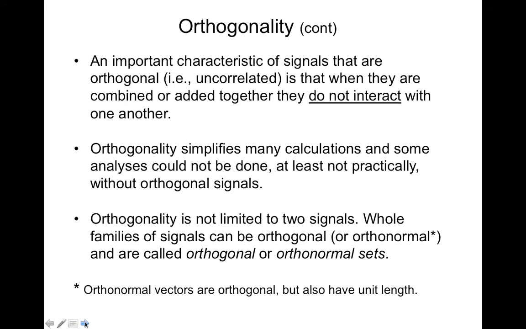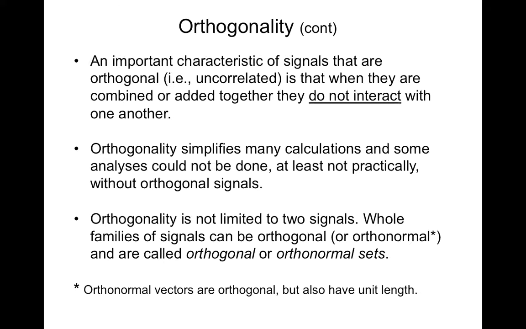These probably would not be completely orthogonal because when the measurement was made, I would probably have some component of eye movement that showed up in the EEG in the frontal lobe of my brain. And they would interact with each other because if I move my eyes around, that would cause the EEG in the frontal lobe of my brain to appear to be more active, even though it's not. It's the eye movement noise showing up. That's an example of two signals that would interact with one another.